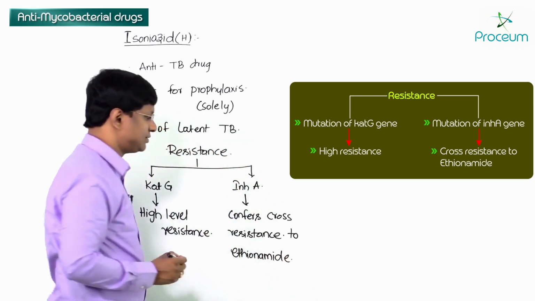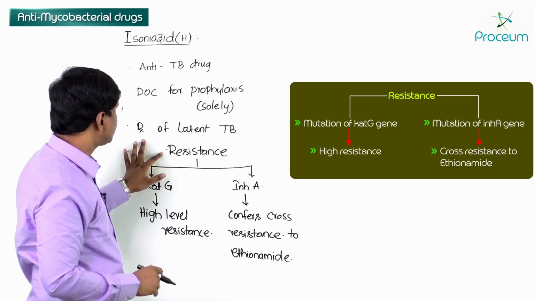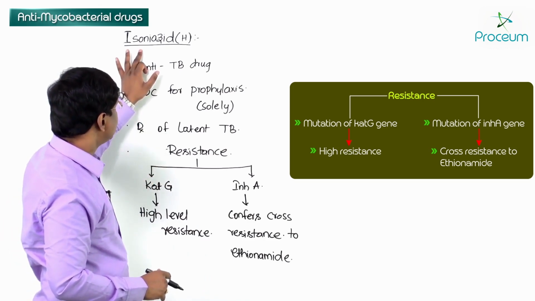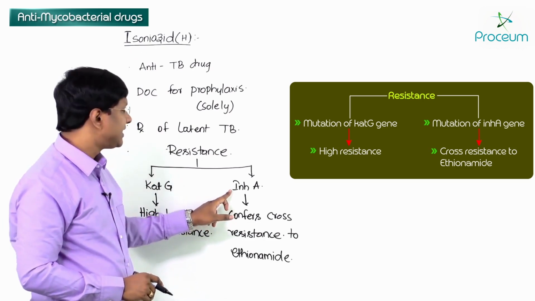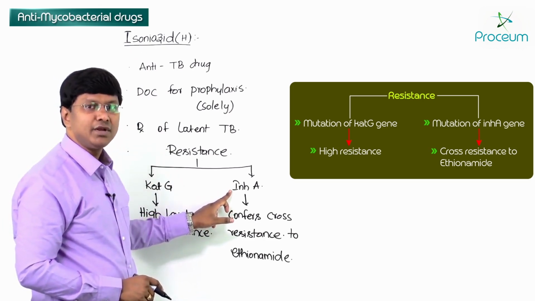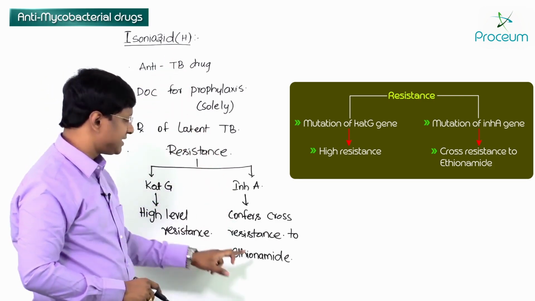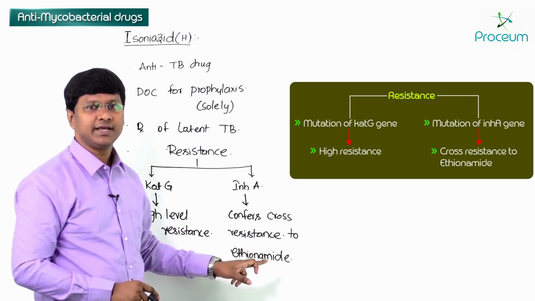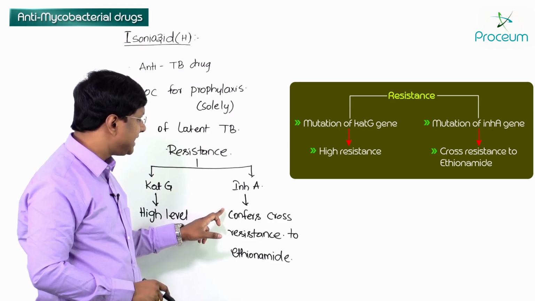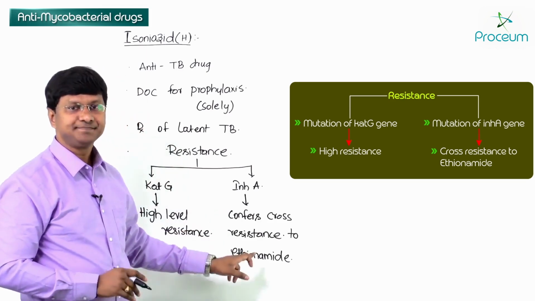In the sense, if the organism is resistant to isoniazid due to mutation of INHA, the organism will be not only resistant to INH, but also resistant to ethionamide as well. That is what we mean by it confers cross resistance to ethionamide.